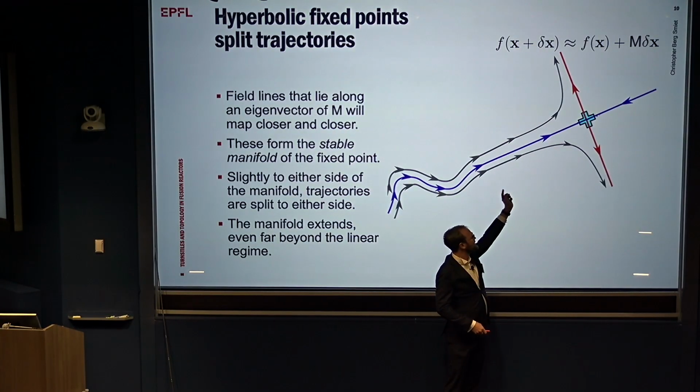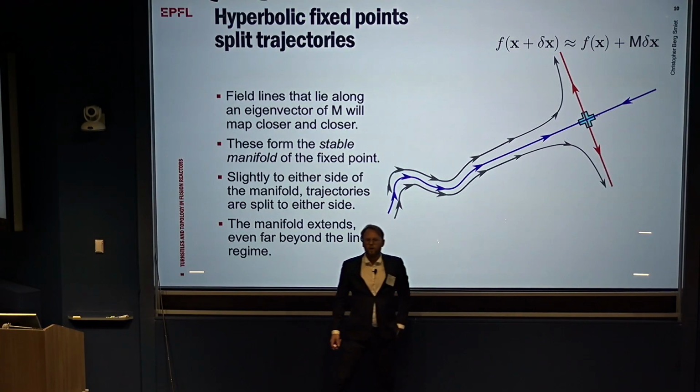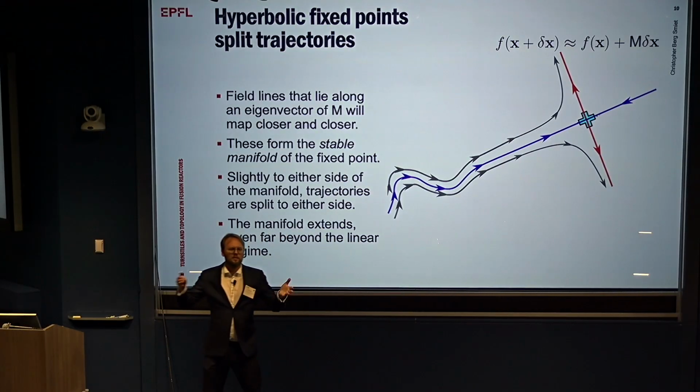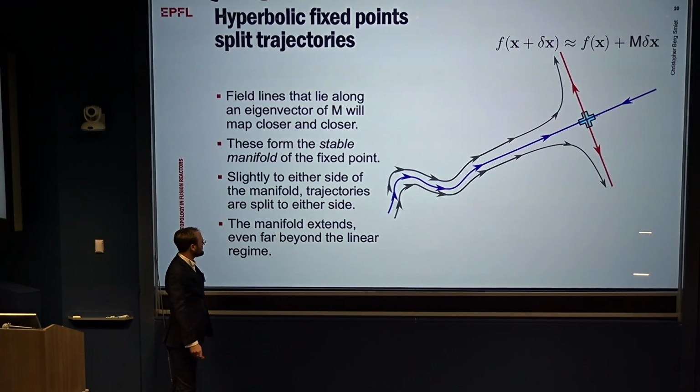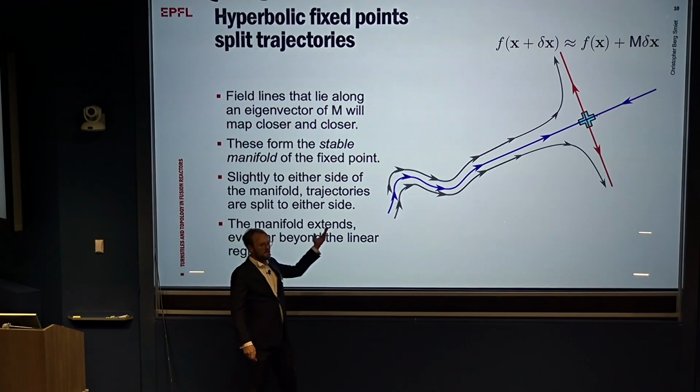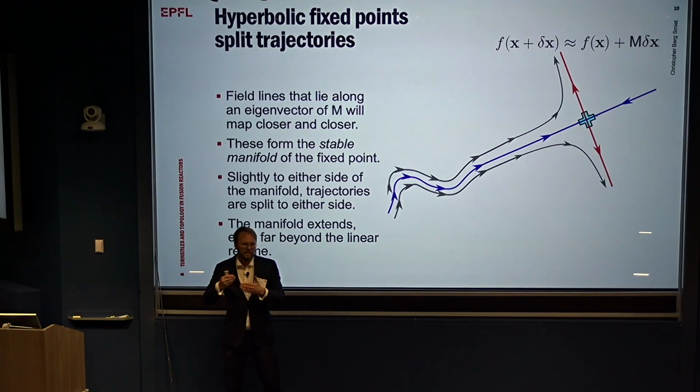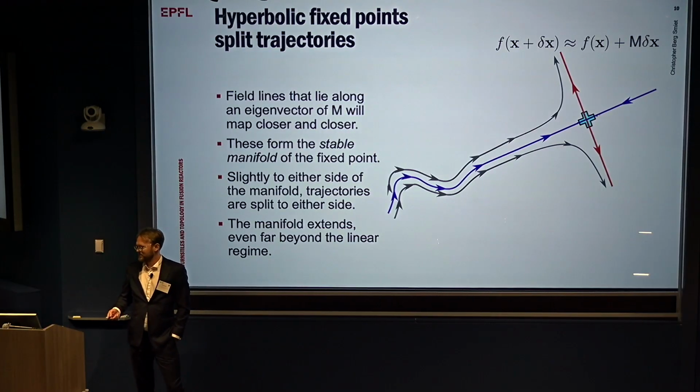And then when you reach the X point, you go one way or the other. So this is kind of like a hill crest in a watershed. Everything on one side goes into one river, everything on the other side goes into the other river. Now that manifold is therefore interesting as a kind of barrier between different regions.